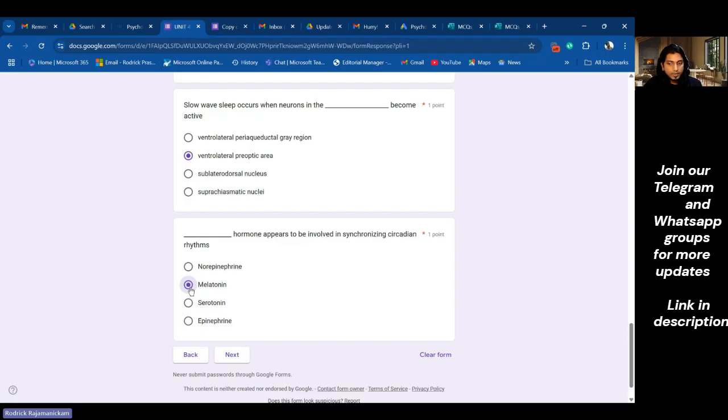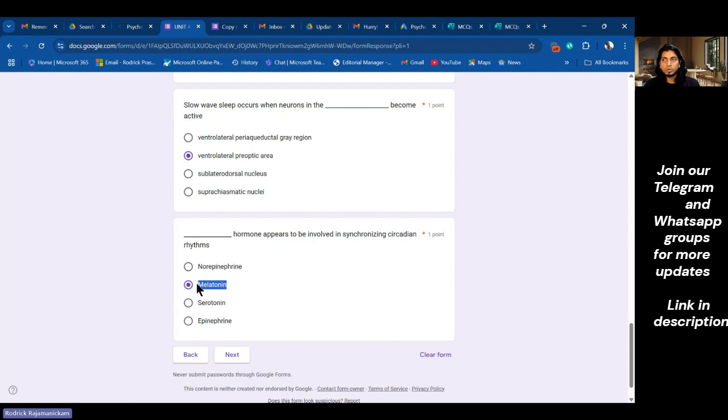But interestingly, even in blind people, or not 100% blind people, people who cannot see things clearly, because even if they're blind, they are still able to recognize the amount of light around them. They may just not see things clearly. So even in them, melatonin has an impact on synchronizing circadian rhythms.